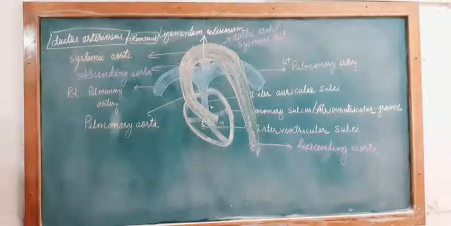And the aortic arch gives rise to three arteries. First one, brachiocephalic artery, then carotid artery, and subclavian artery.